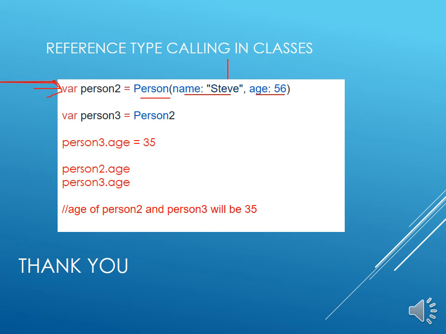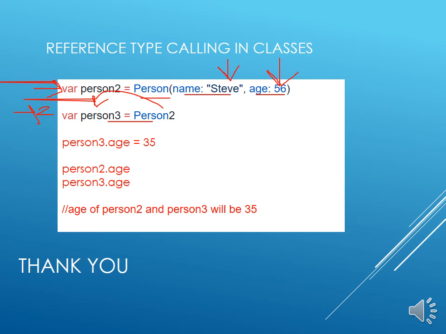So we are initializing name as Steve, and age as 56. Now we have created our second object, person3, and we have initialized it to person2, meaning the data of person2 is equal to the data of person3, so person3 has the name Steve and age 56.